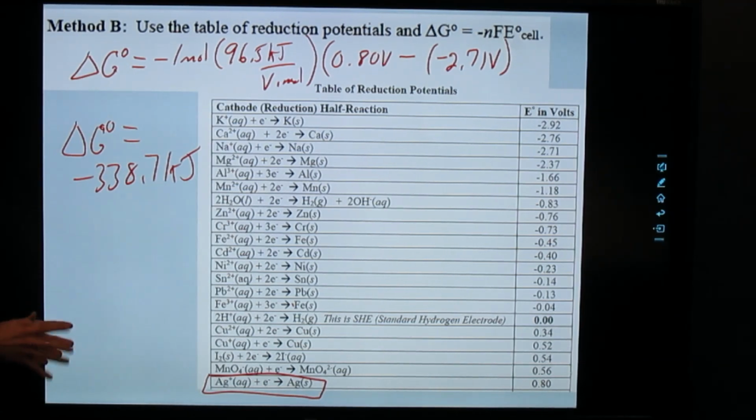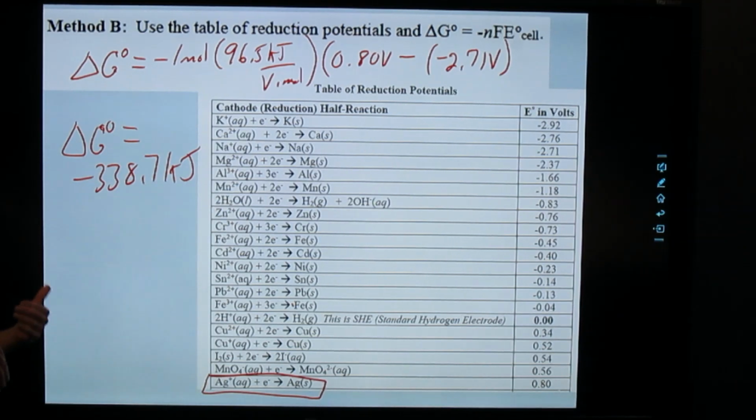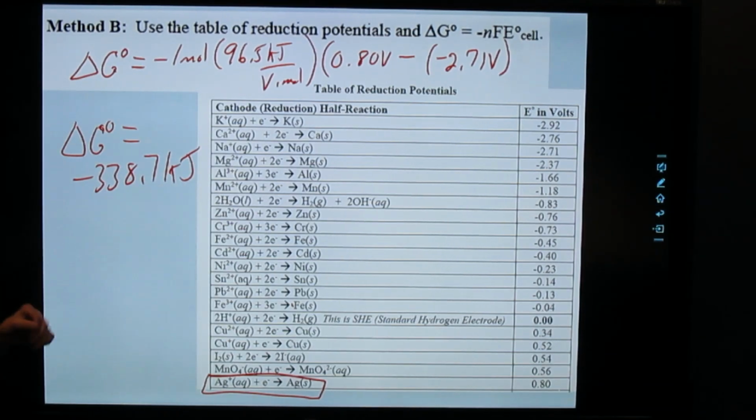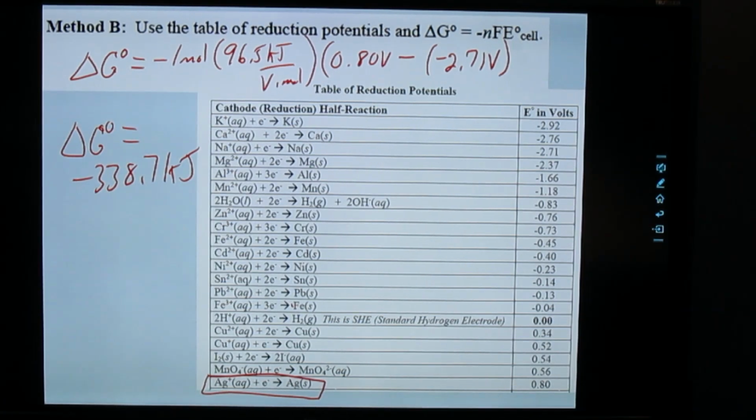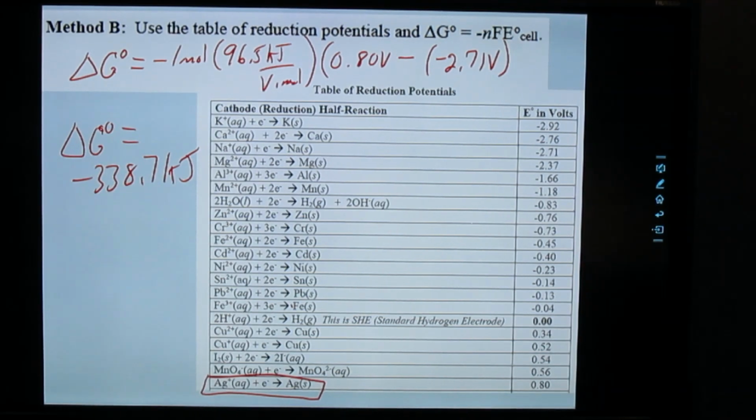Once again, this is for the balanced equation as written. So you could phrase that like per mole of sodium, per mole of silver ion, because this goes with the entire balanced equation. But it releases a lot of energy, and within rounding, it's the same number we got using the textbook values for delta GF.